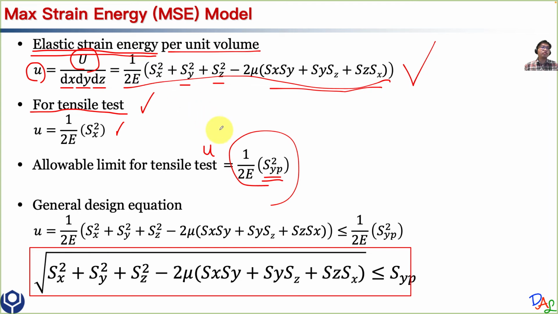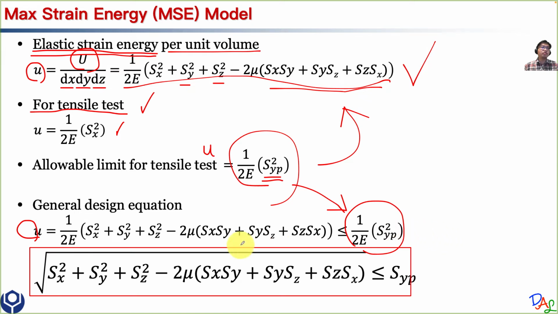So this is the limit of elastic strain energy per unit volume. Applying this to our general equation, we realize the elastic strain energy per unit volume should be smaller than or equal to this limit that we just derived.